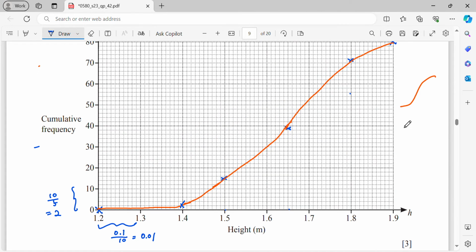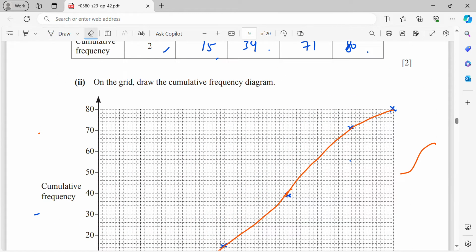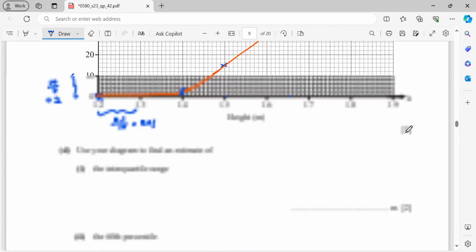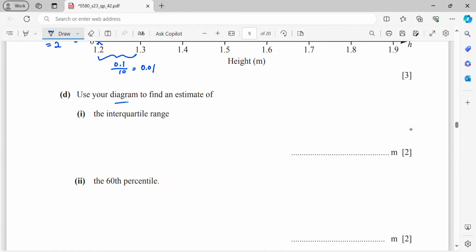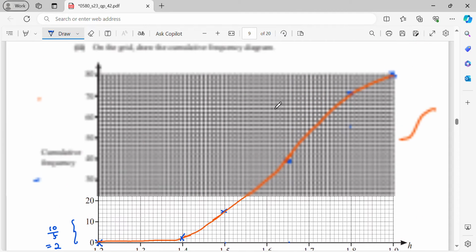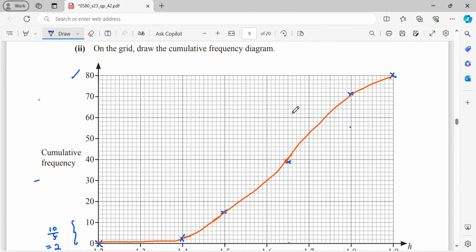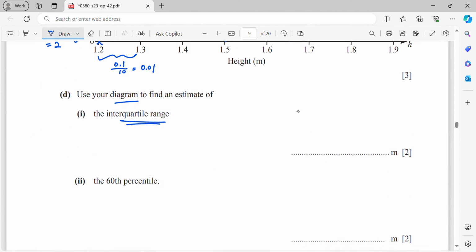Alright, now next part, use your diagram to find an estimate of the interquartile range. So we know that the total number of children is 80, right? Interquartile range is basically Q3 minus Q1. So Q3 is 3/4 of 80. This is a position. So 3/4 of 80 is basically the 60th value.